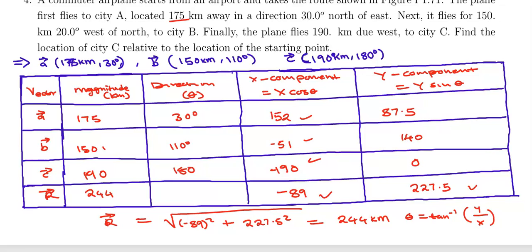So our y component is 227.5, and our x component is negative 89. So we are going to divide this.